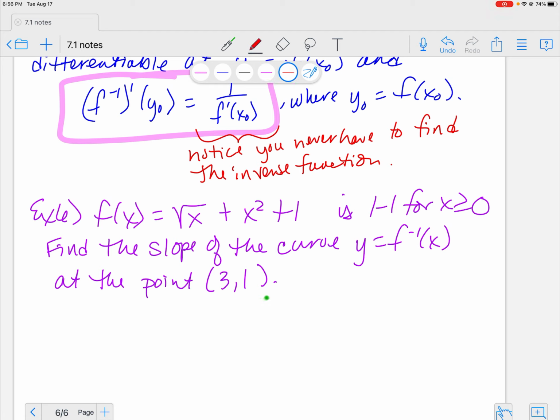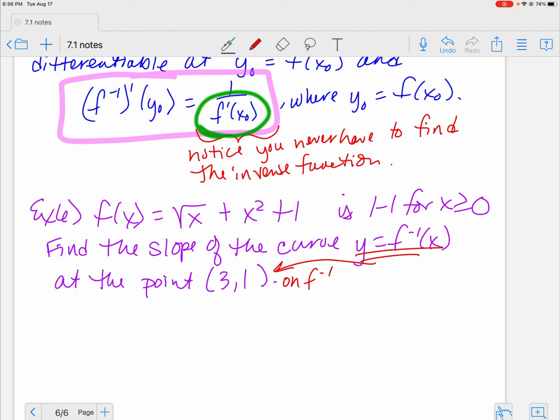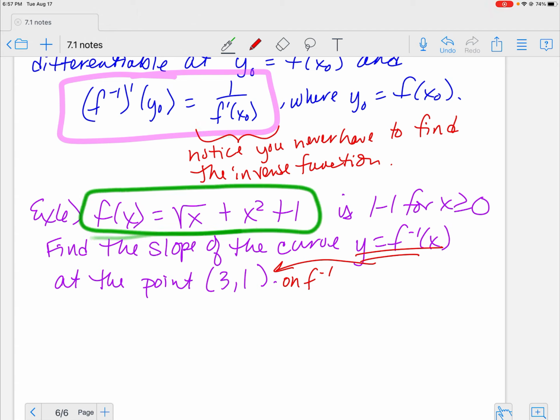What this problem is saying here, which is where people struggle with this one, this is on the inverse. So that point is on my inverse function. My derivative up here doesn't deal in terms of an inverse function, and don't you dare try to change this over to an inverse. Swapping out those x's and y's, that's called a nightmare, ladies and gentlemen.